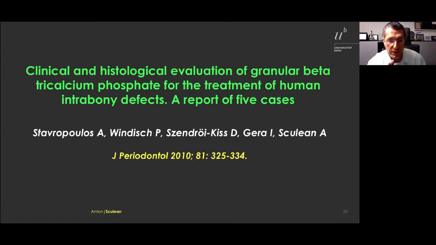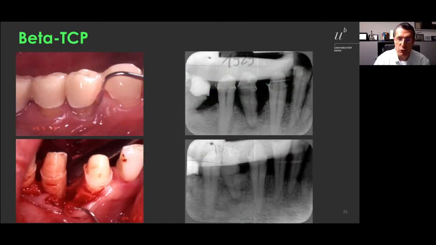Look at some examples. This is one study that we published many years ago, but the biology is still the same. We tried to use a beta tricalcium phosphate. So what we did is to open up the flap, remove the granulation tissue from the defect, fill the defect with the graft.